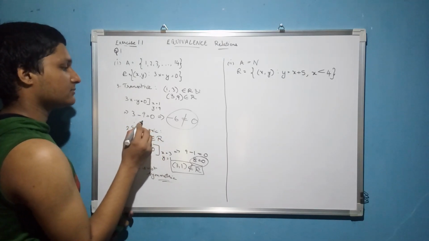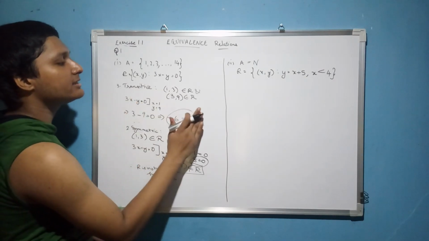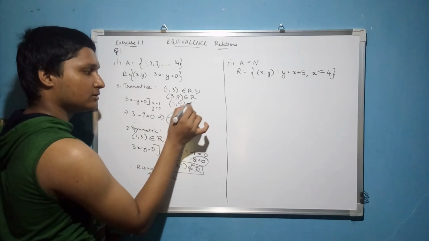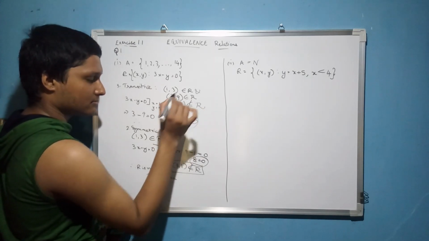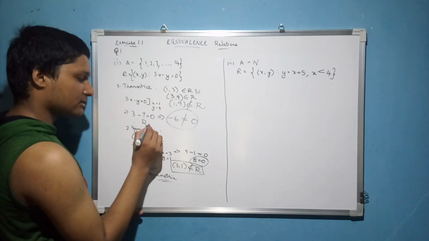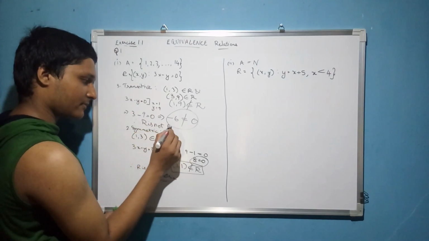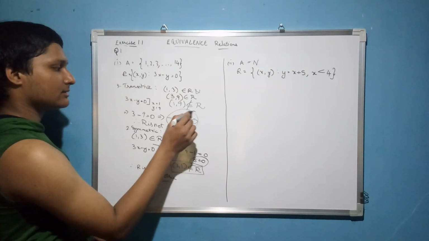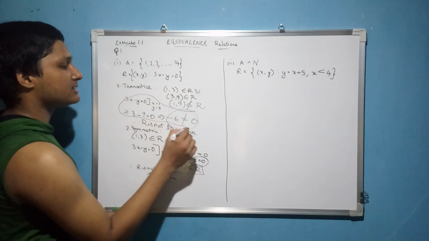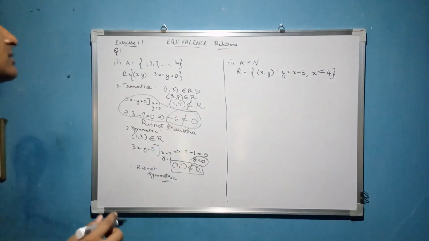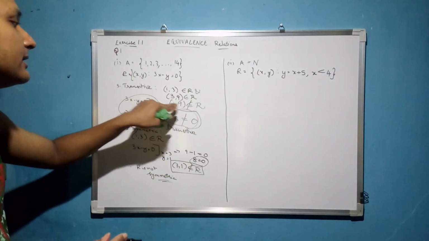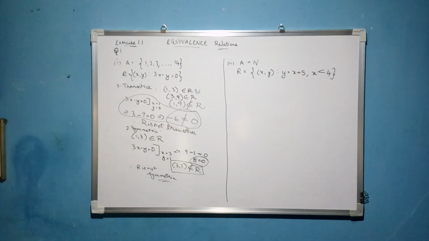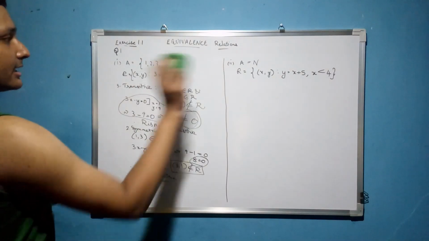Or simply, instead of doing this explanation, you can just write that (1, 9) does not belong to R. Therefore, R is not transitive. This explanation is just for you to understand. You need not write this. You need to just understand why (1, 9) does not belong to this relation. That's it. Now we'll go to the second question.